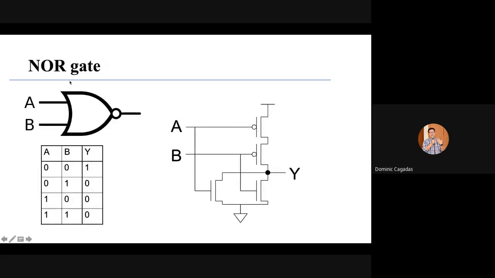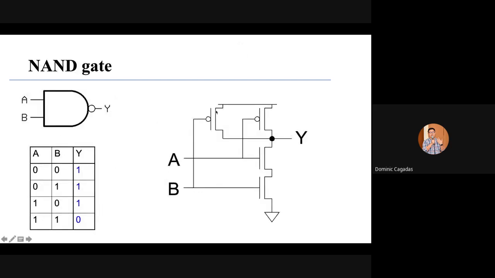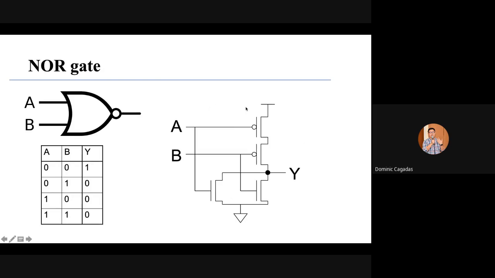And the next one here, the NOR gate, which is the activity that I gave to you last time. It's actually the exact opposite of your NAND. In your NAND, the PMOS is parallel and the NMOS is series, whereas in your NOR gate, your PMOS is series and your NMOS is parallel.